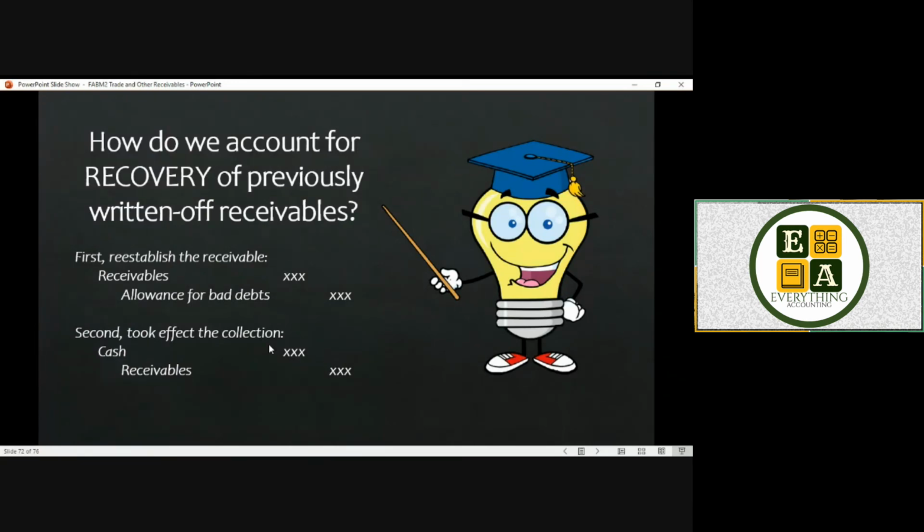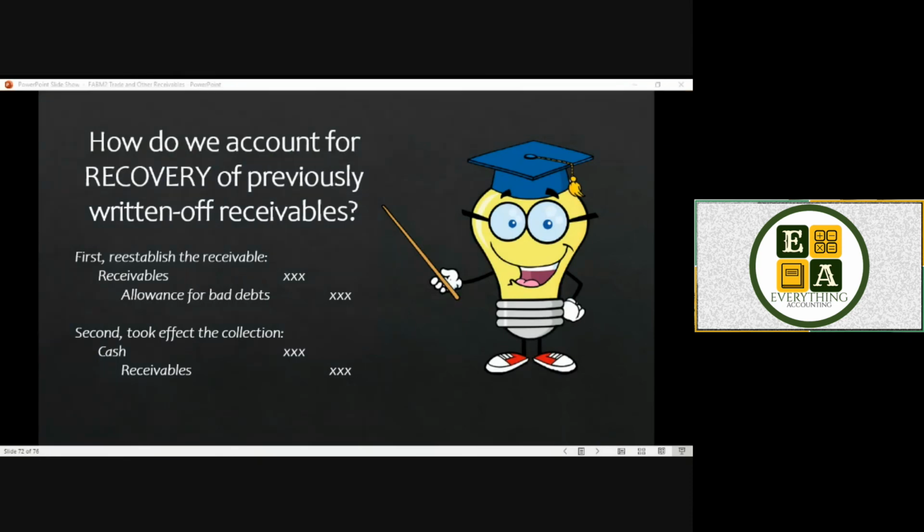Okay? If we're going to merge the two journal entries, we can just have debit to cash and credit to allowance for bad debt. Okay? So we are actually eliminating in the journal entry yung receivable na account. We reestablished first the receivable account, then second we took effect the collection.